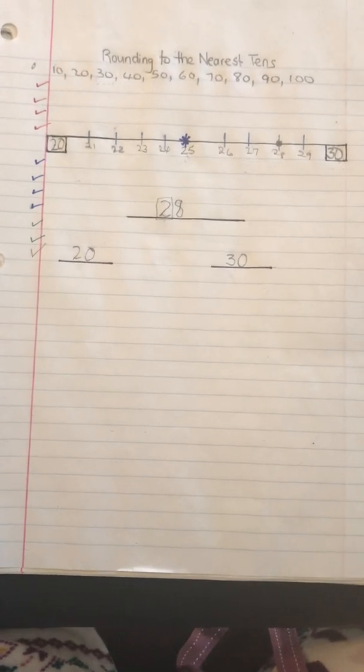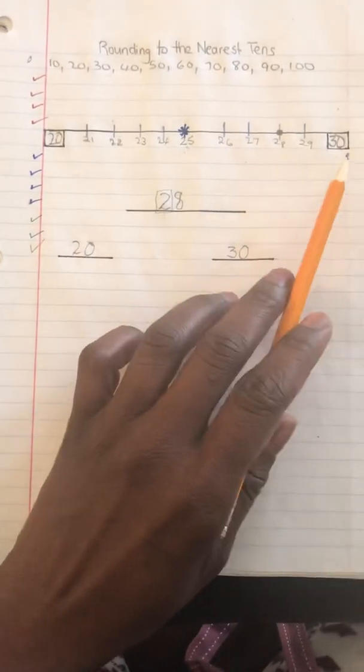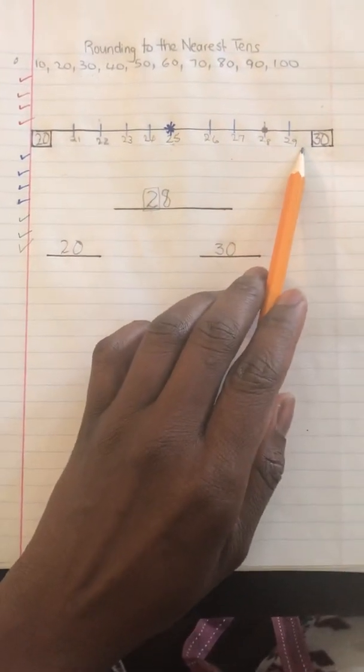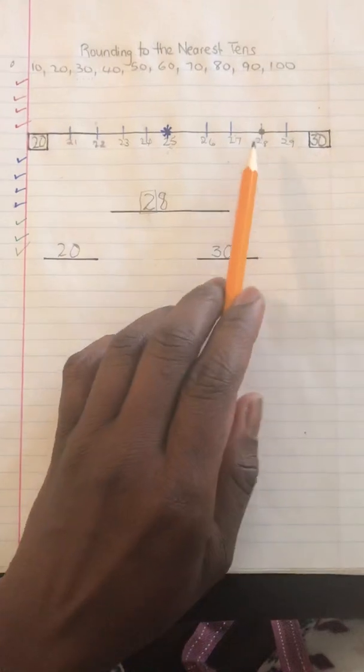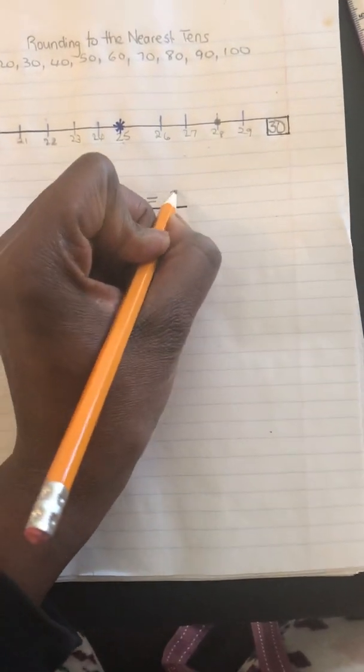Right? And then we're going to say, okay, this number looks like it's going to round up to 30, because it's closest to any number from the middle number all the way that way. So 28 is definitely on this side of it. So it's going to round up to 30. So your answer is going to be equal to 30.